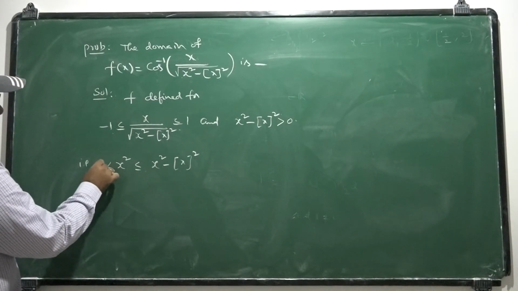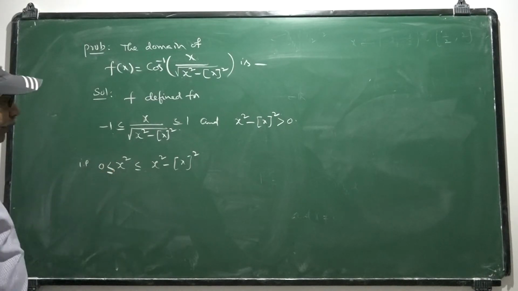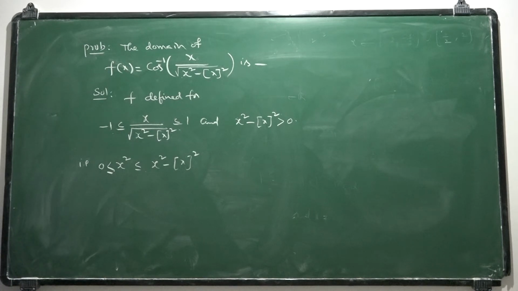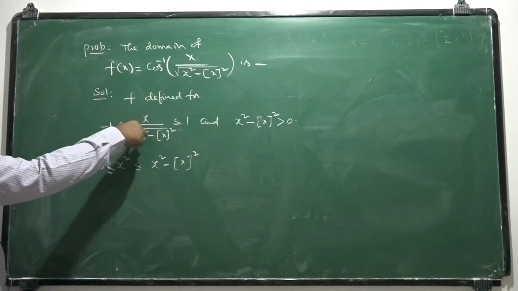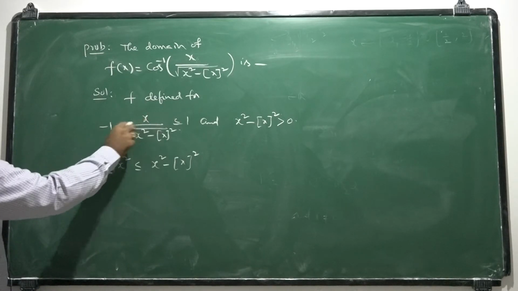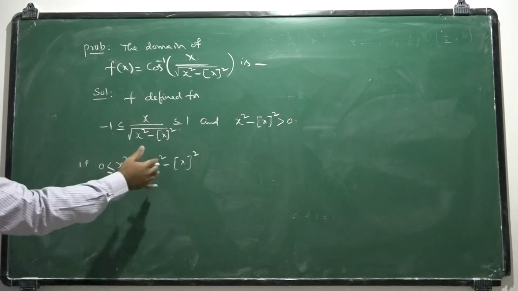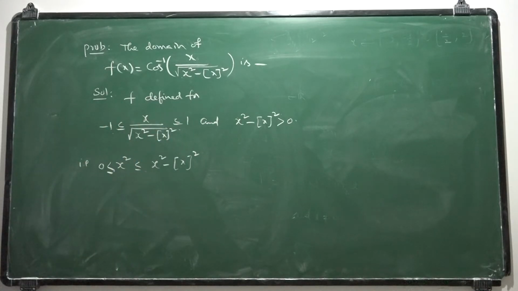It lies between, of course, 0 and 1 itself once squaring this one. After that, taking cross multiplication, we get x square lies between 0 and x square minus step x whole square.